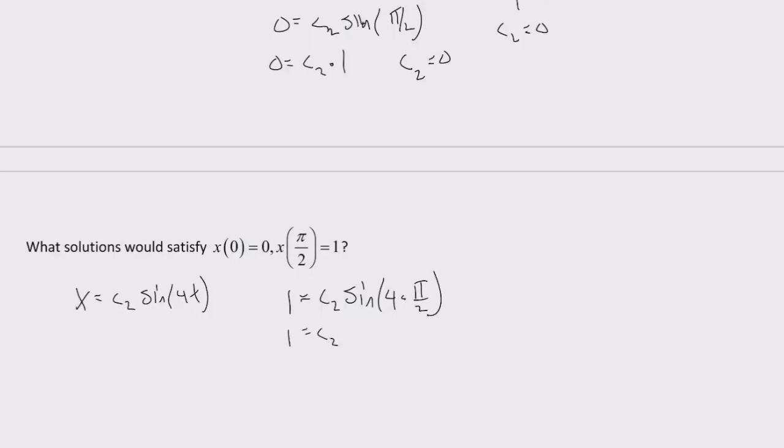That's c2 times sine of 2 pi, which is 0, so c2 times 0. Now we have a problem, because there is no number c2 that would ever make that statement true. So this is a situation where there's no solution. No combination of c1, c2 would ever make that true.